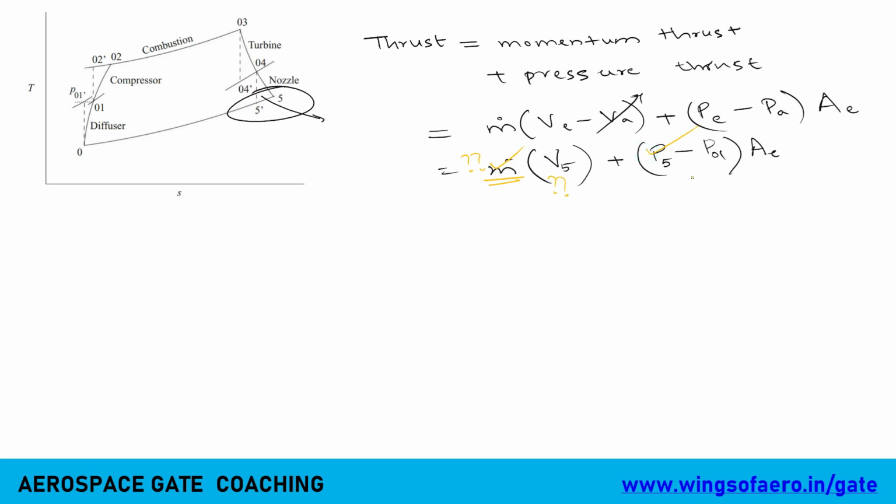P5 is known. P01, stagnation pressure 1, is given in the data. AE, that is the nozzle exhaust area. How much is the area? It is not there. Fine. So two factors here we need to find out.